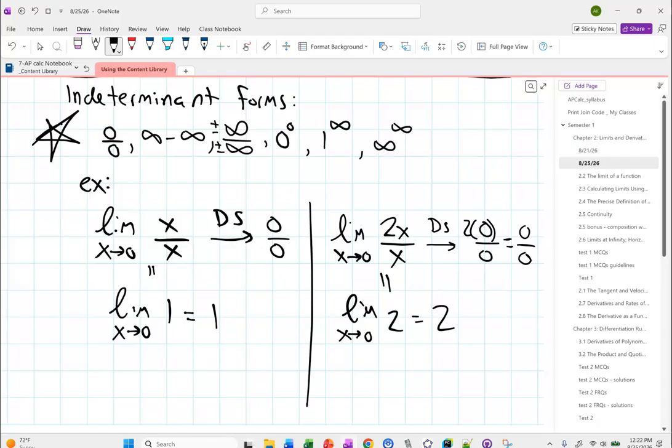Because I can set up a one-to-one relationship that pairs every natural number with an integer. We send 0 to 0, we map the odd natural numbers to the positive integers, we map the even natural numbers to the negative integers, and we've created a one-to-one relationship where everything pairs up, so they must have the same amount of stuff.